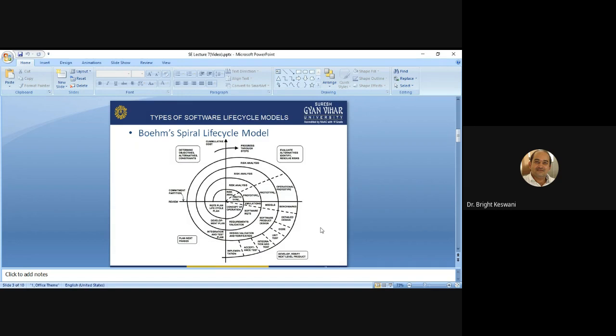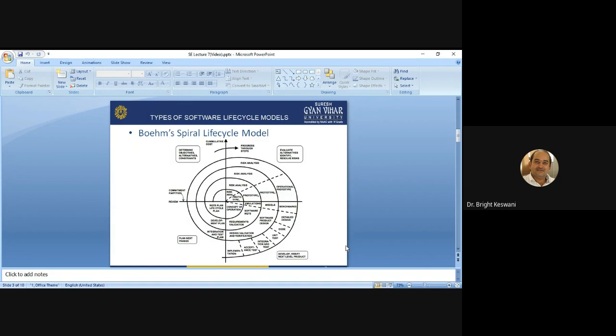And thirdly, the third advantage, you can say that the spiral model can be used with a spectrum of methodologies, whether they are specification oriented, or process oriented, or object oriented. So these are the important benefits of a spiral model. If there are various benefits of a spiral model, then some limitations are also there.